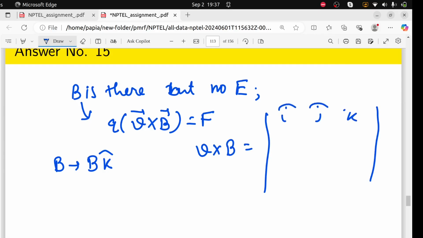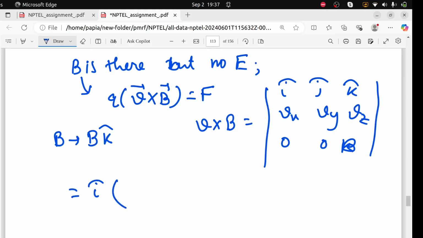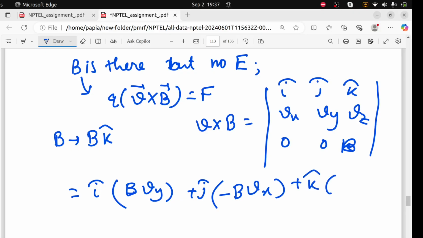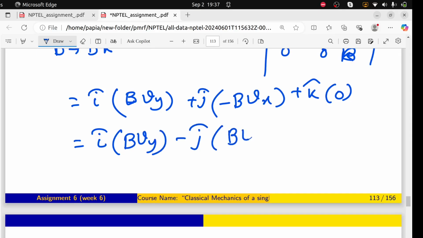the determinant with I, J, K; Vx, Vy, Vz; 0, 0, B. So you can see here that I cap is B Vy, J cap is minus B Vx, and K cap is 0. So v cross B is I cap B Vy minus J cap B Vx.